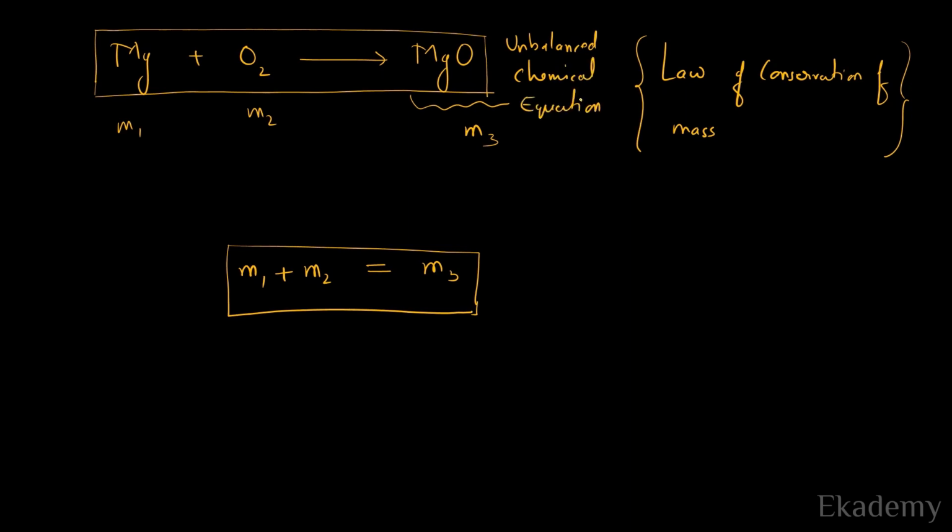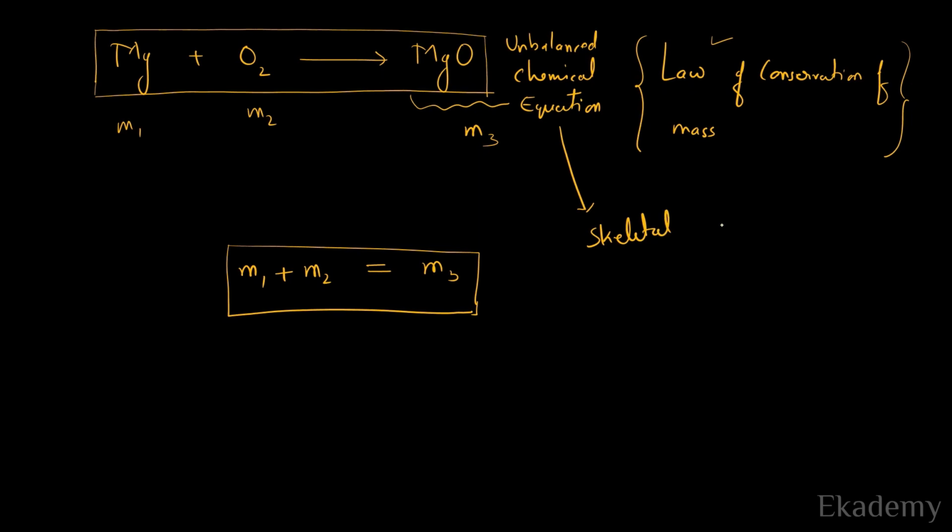And we must always balance it to make it a true chemical equation, because this law is always followed. So masses must remain conserved. Total mass of reactant must always be equal to total mass of product. This unbalanced chemical equation is also known by another name, which is called a skeletal chemical equation.